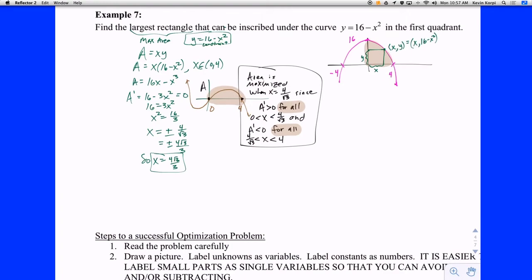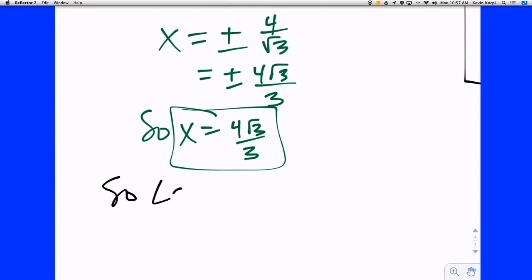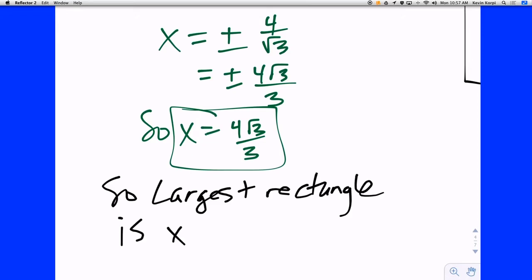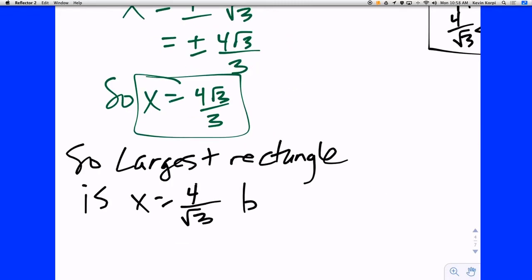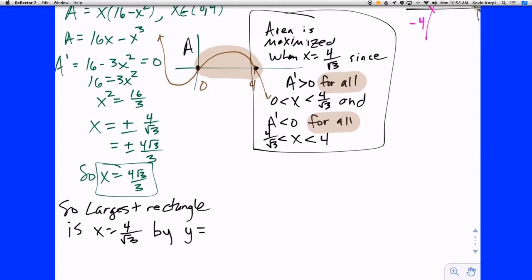Okay, so now we answer the question. We know at least the x dimension, so let's go ahead and find the dimensions. So the largest rectangle is x equals 4 over the square root of 3 by y equals, and how do we find the y value? We plug it back in up here. So let's do that.